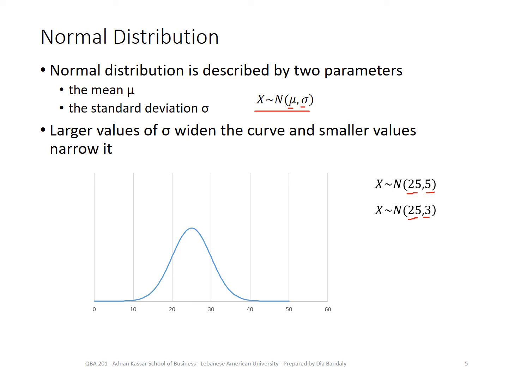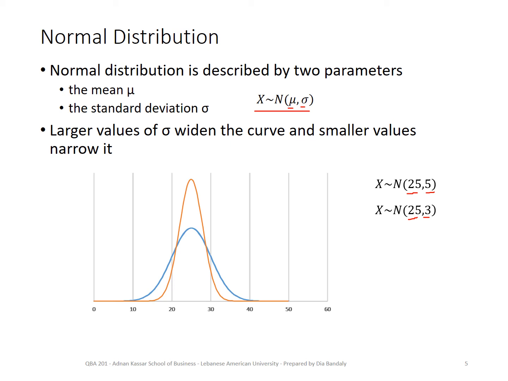So you expect that more of your observations will be concentrated around the mean. That's why when you plot that, you see something like that. The variability is less, which is represented by a narrower curve. This orange curve is much narrower than the blue curve that has standard deviation of 5, which is bigger than 3.